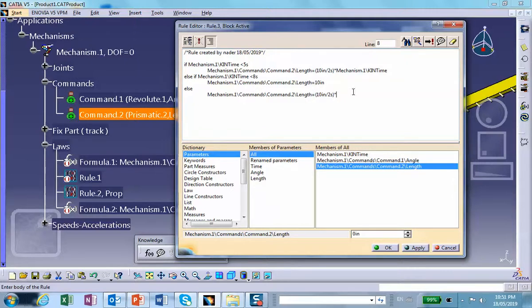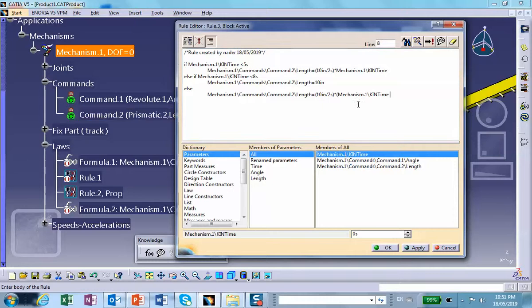Time, the breakpoint was minus 8, yes, right, 8 seconds. And then in the front of this, I have to write 10 inches plus, but on purpose I'm not going to do that because I want to show you what happens when you plot stuff. You notice that there is a problem and you have to go fix it. So assuming there are no syntax errors here, we close it.